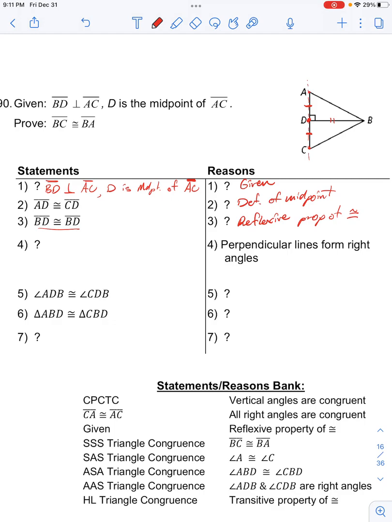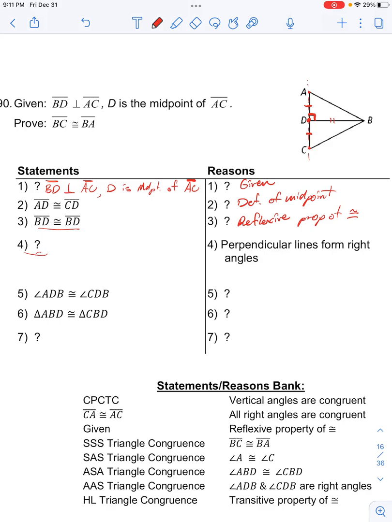Then we have a missing statement, and our reason for it is that perpendicular lines form right angles. So we would have had to write that some angle is a right angle, and the right angle that we have in the figure is angle ADB.